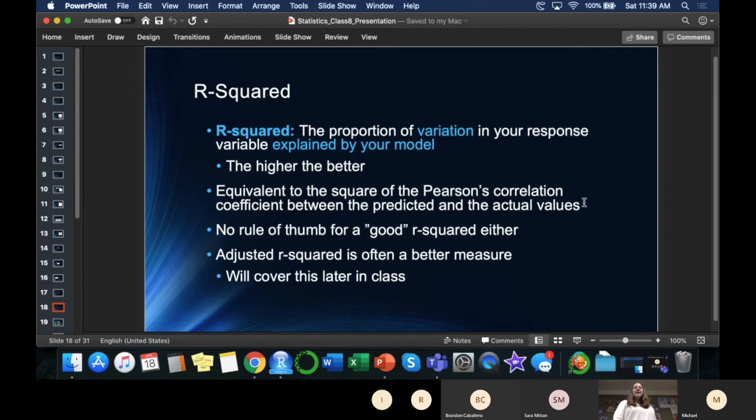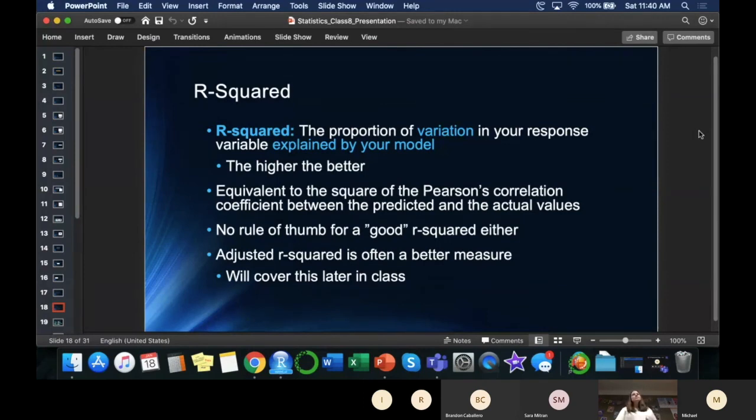We're using the square of the correlation coefficient between our predicted and our actual values. So we get our predicted and our actual values, find the correlation between those and square it, and that's R squared. Okay. Any other questions? Go ahead.